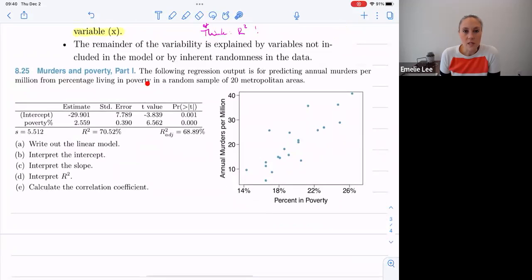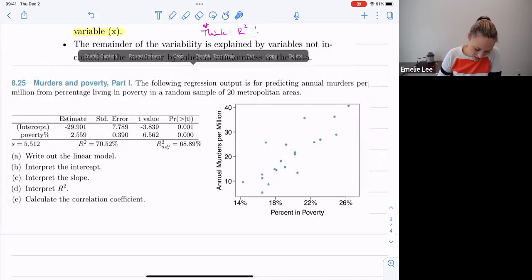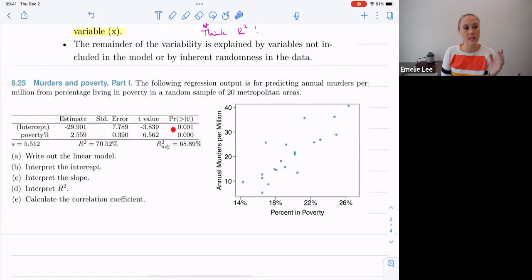It's using the same data set, slightly different variables. What we want to do here is predict annual murders per million, yikes, from the percentage living in poverty in a random sample of 20 metropolitan areas. Just noticing, this is a typical layout of our regression output.